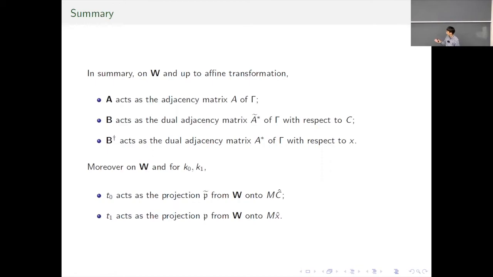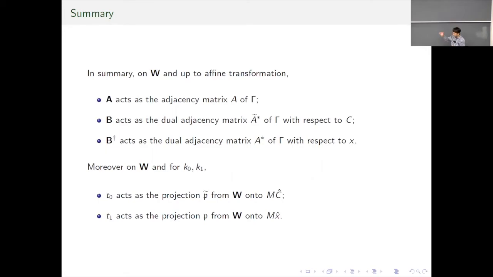T naught T1 plus T naught T1 inverse acts as the dual adjacency matrix with respect to the Delsarte clique C. And B dagger T1 T2 plus T1 T2 inverse acts as the dual adjacency matrix with respect to vertex X. Further, T naught acts as the projection P tilde, and T1 acts as the projection P onto MX hat.